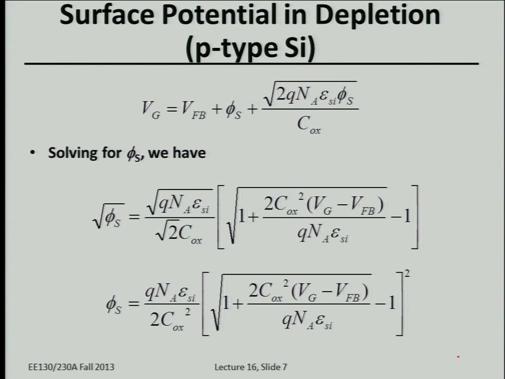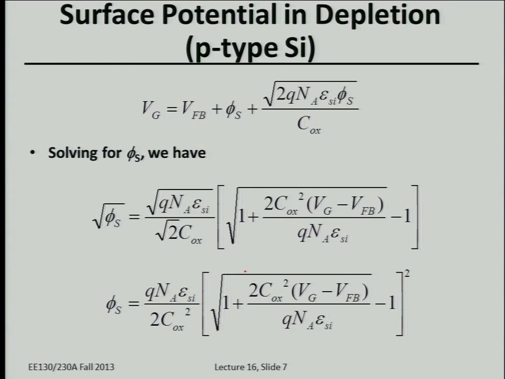So how does that surface potential vary as you change the gate voltage? If you do it mathematically, you have this expression for VG equal to the sum of all the voltage drops in the system. Then you can use the binomial formula. This is like a quadratic equation. You can solve for the square root of phi sub s and find that phi sub s is this complicated looking function of the gate voltage.